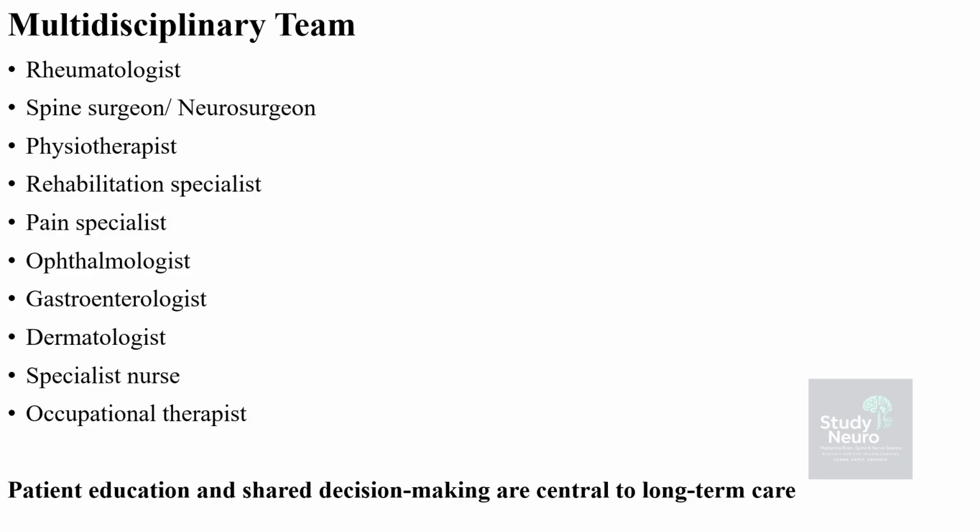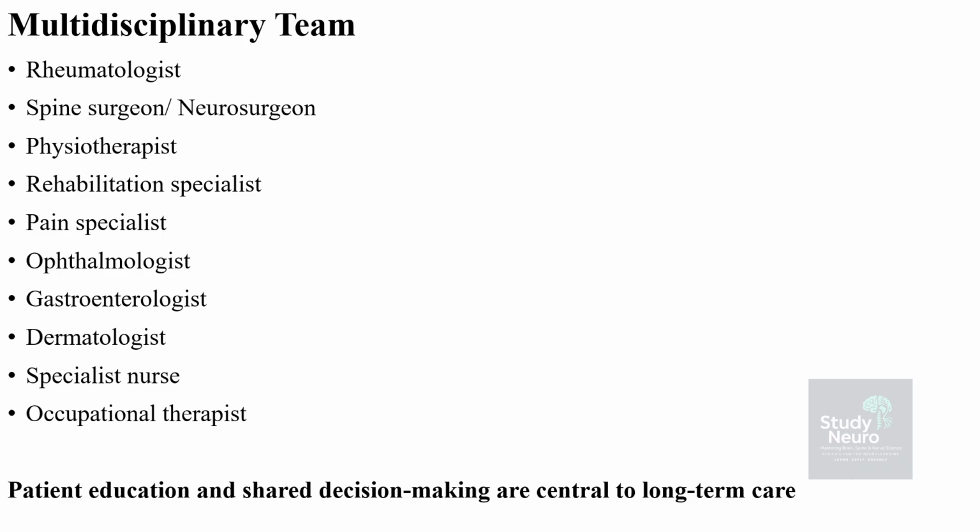Managing ankylosing spondylitis often requires a multidisciplinary team because the disease can affect the spine, joints, eyes, skin, and other organs. The rheumatologist usually coordinates medical treatment, while a spine surgeon or neurosurgeon may become involved when severe structural disease or neurological complications require surgical assessment.